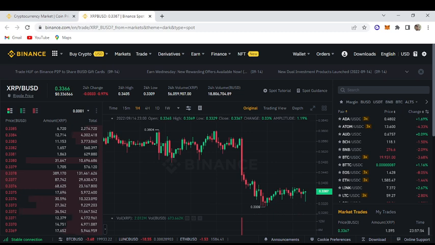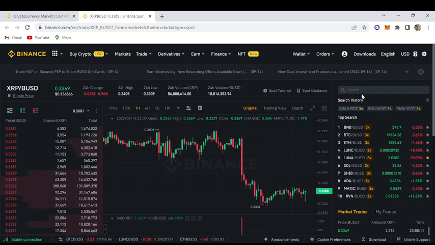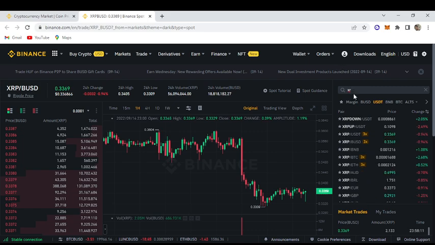This coin, XRP, is currently suggested by a lot of people. Let me just check this on USDT.